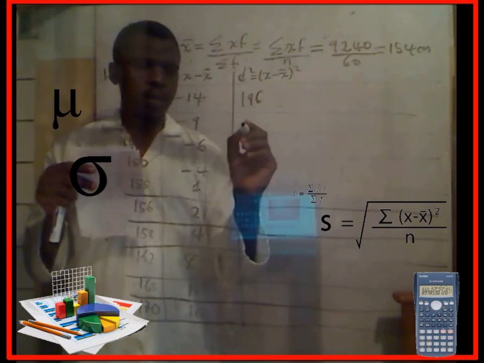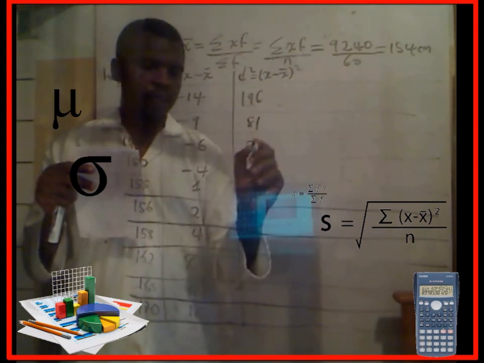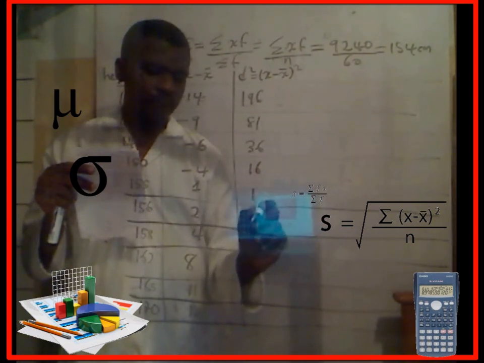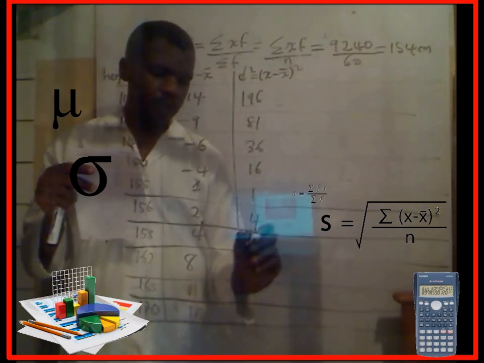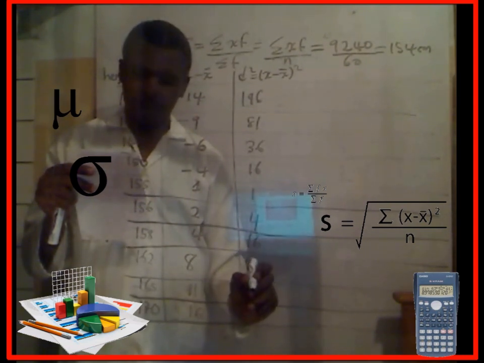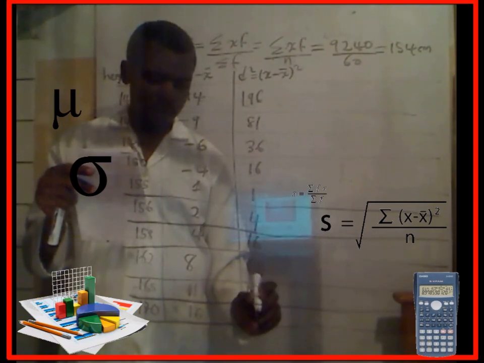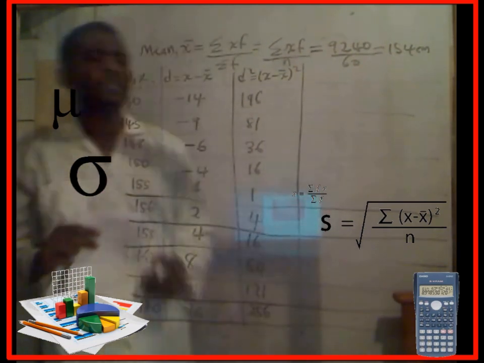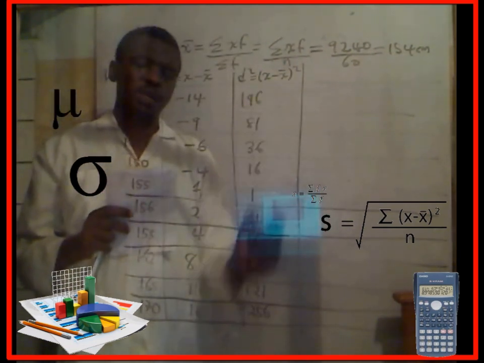So here I'll have 81, 36, 16, 1, 4, 16, 64, 121, 256. So these are our squared deviations.